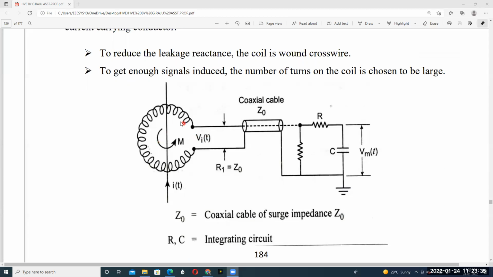This is the principle of operation of the Rogowski coil.